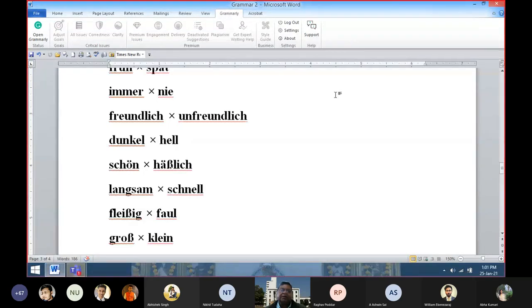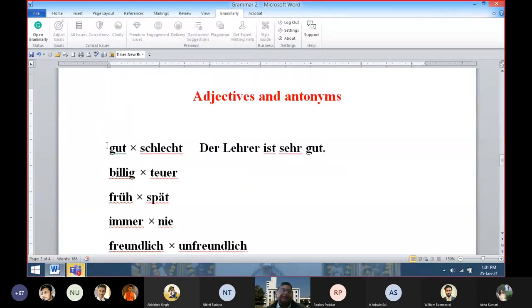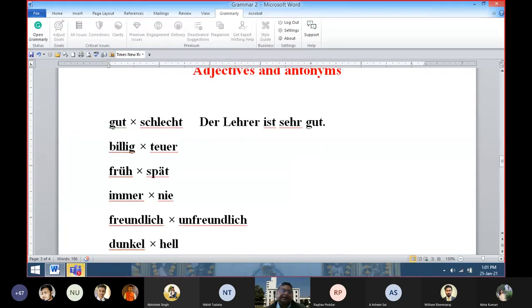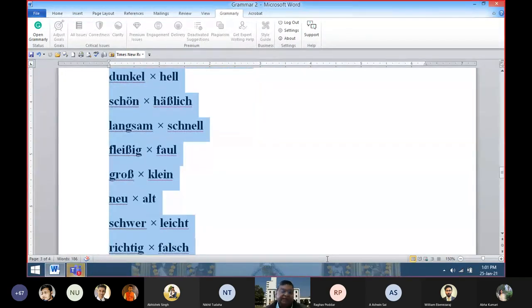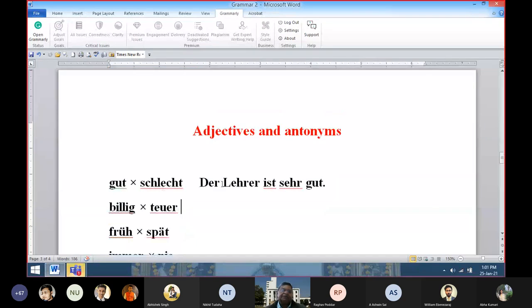Everybody should prepare and make at least 4 or 5 sentences using these adjectives that I have explained today. I will ask some of you to tell your sentences. As you have seen, you can make the sentences very easily, so try to make simple sentences that are grammatically correct with the adjectives. Okay, that's all.